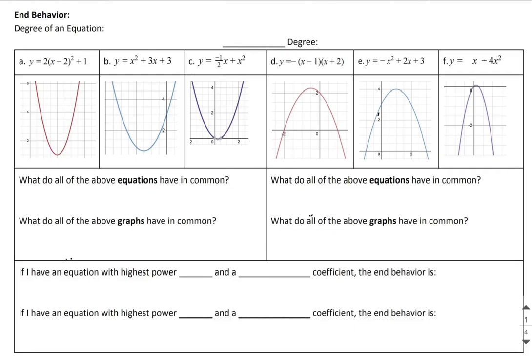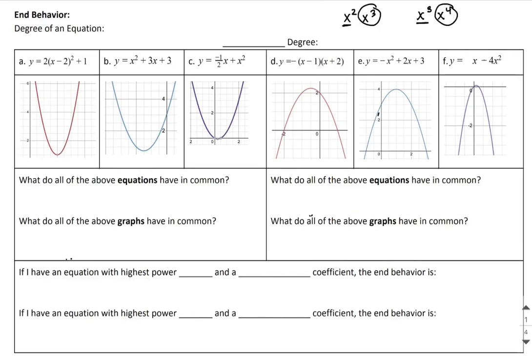The thing that determines the shape of a polynomial is the highest power in the polynomial. It's the highest power because the highest power has the most power. When I look at exponential growth, if I compare x squared to x cubed, and then x cubed to x to the 4th power, x to the 4th power is so much bigger than x cubed, and x cubed is so much bigger than x squared.